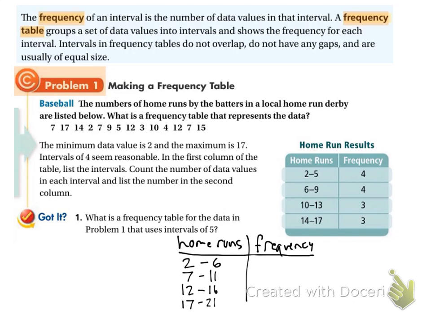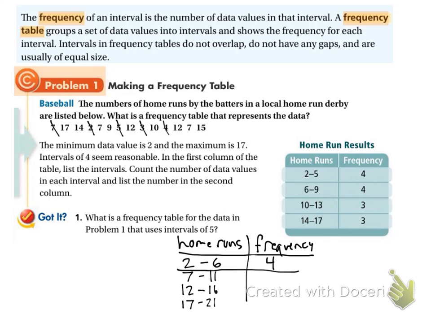So I'm going to go through this data. I'm going to cross it off. So we're looking for numbers that are between 2 and 6. So there's 1, 2, 3, 4 of them. And then numbers that are between 7 and 11.